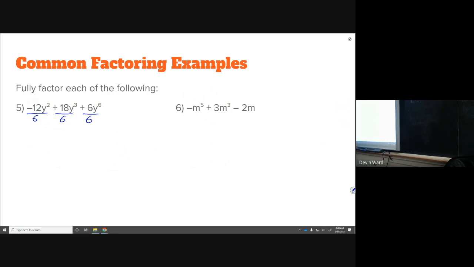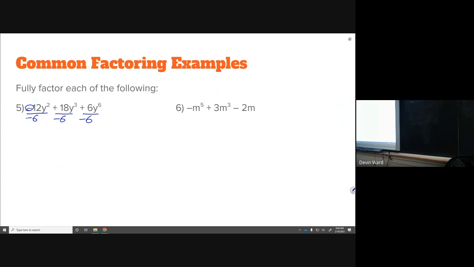But remember, we have a negative out in front. We don't want that negative in front inside the brackets. So it won't just be 6, it'll be negative 6. Perfect. So because of that negative, we want to divide by negative 6.